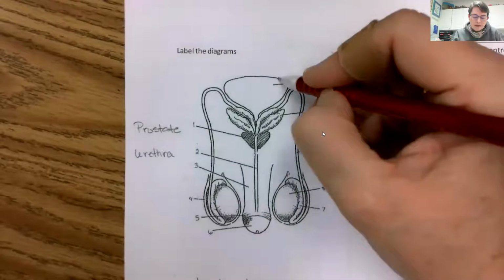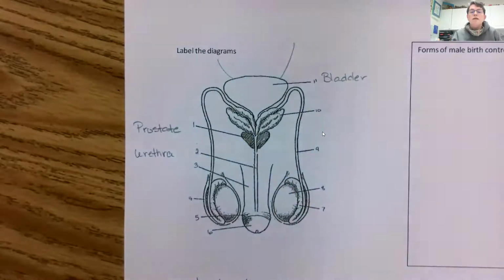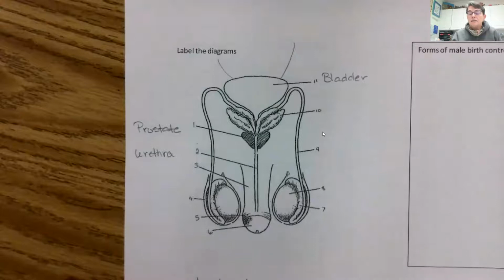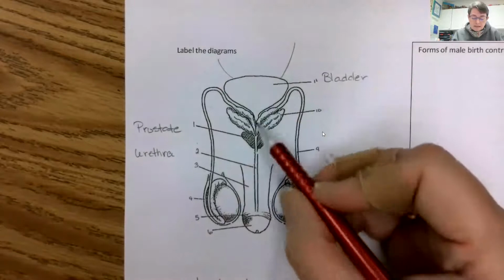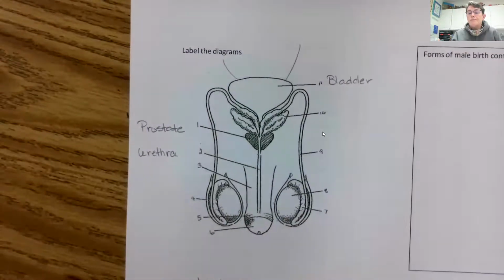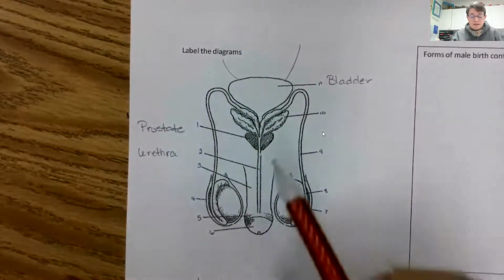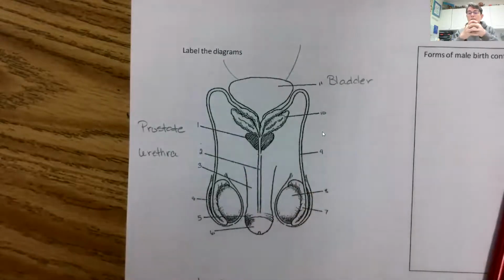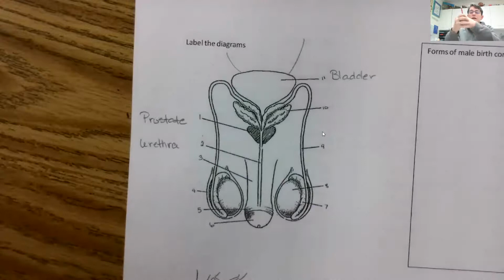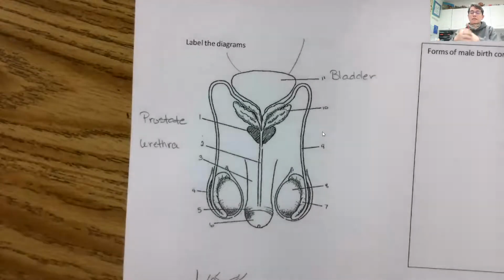So from your bladder, you've got some things called ureters, and those go up to your kidneys. And your kidneys clean your blood, and they make urine, and the urine collects in here, and then it comes out through the urethra. Getting back to the prostate. This gland actually goes all the way around it. So if this is the urethra, the prostate is all around it.